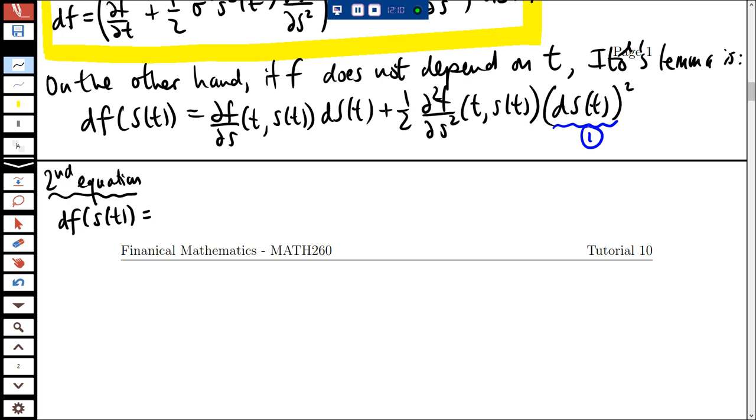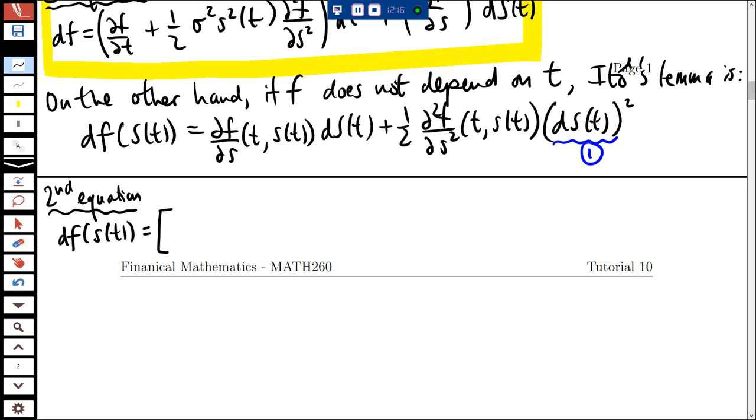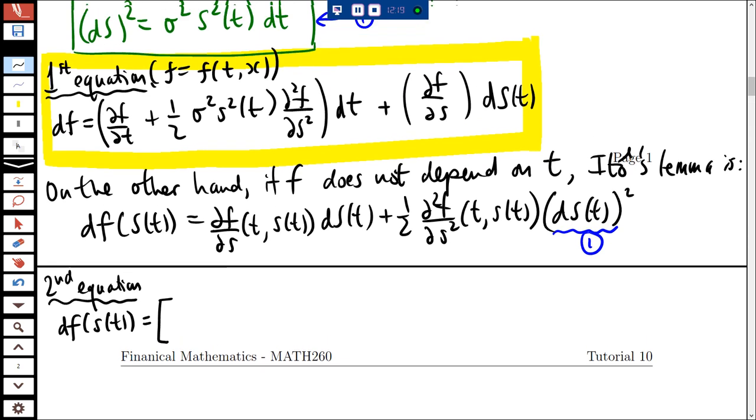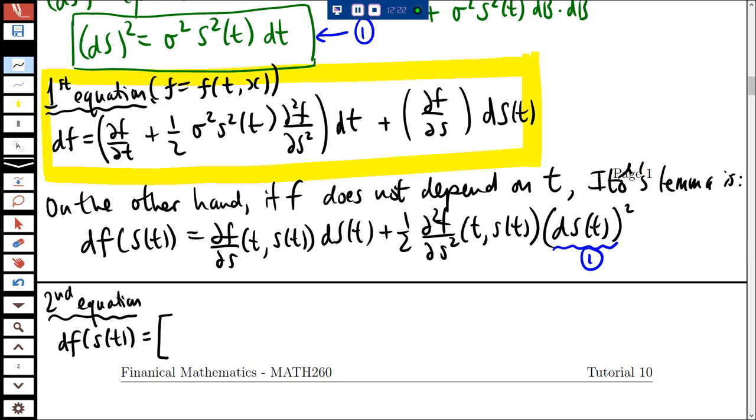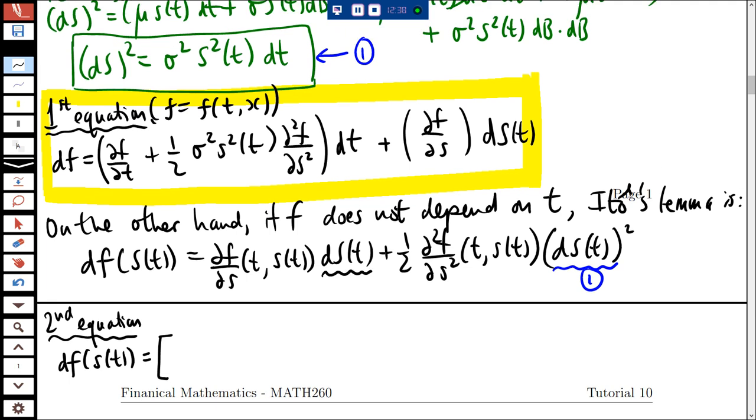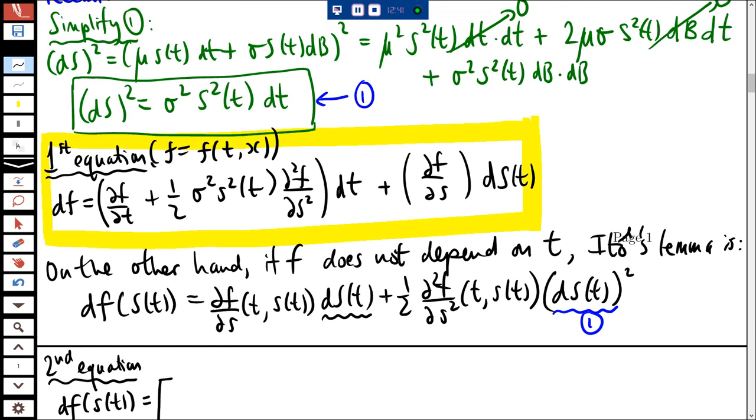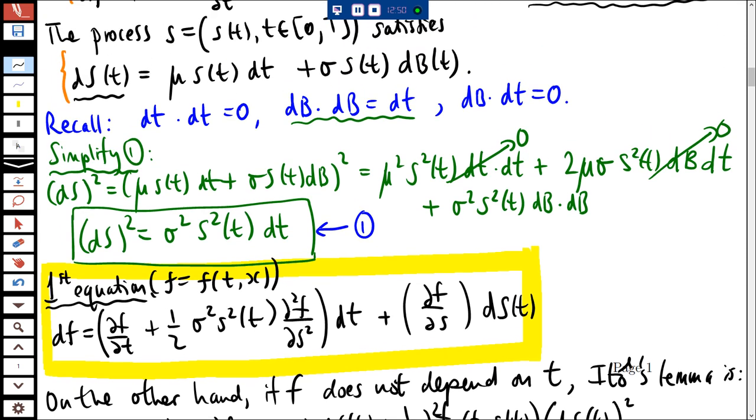Just think about it changing in terms of s. Okay, so we're going to collect all the dt's. We have dt's coming from this second term, the half business. Oh, actually, we've got this ds here. We should substitute in, if I just call that star, because we know it's a geometric Brownian motion, we can substitute in this one.